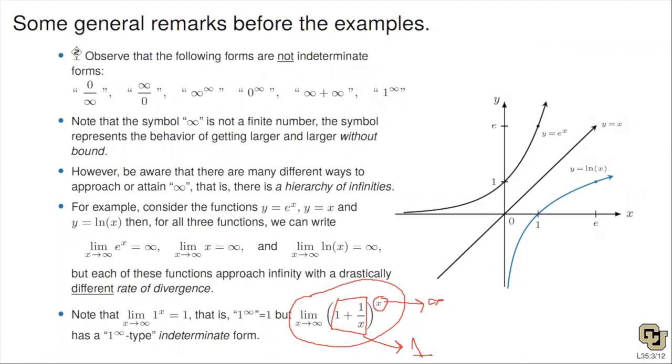For example, if you take a number larger than 1, like 1.1 or 1.2 or 2, and raise it to infinity, that's going to blow up to infinity. If you take a number between -1 and 1, like 0.9, 0.8, raise that to infinity, that's going to go to 0. So here the issue exactly is that we don't have 1. If it was 1 to the infinity, no problem, that equals 1.